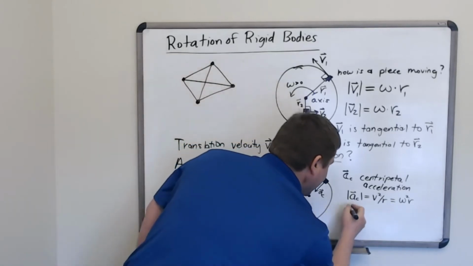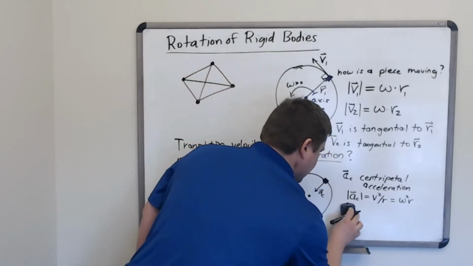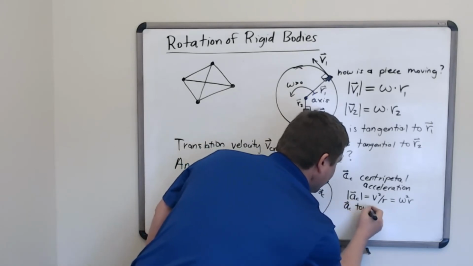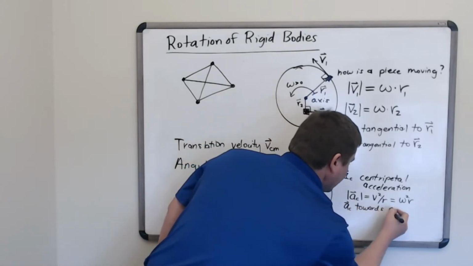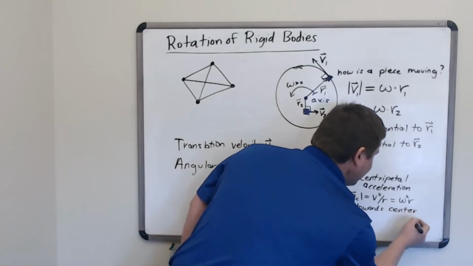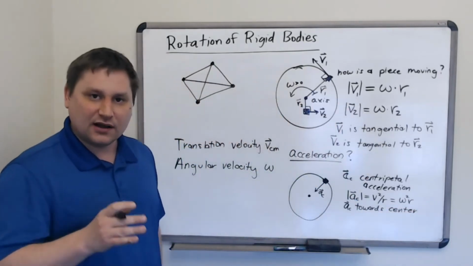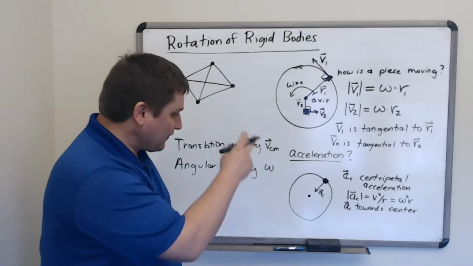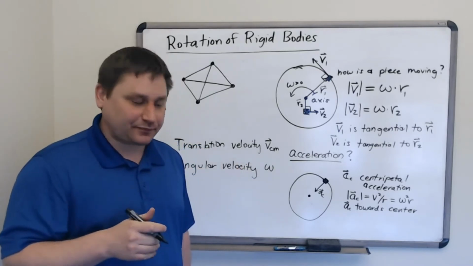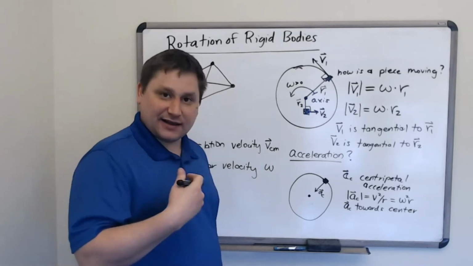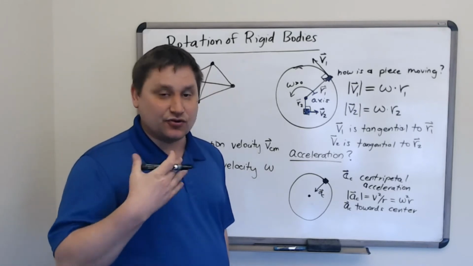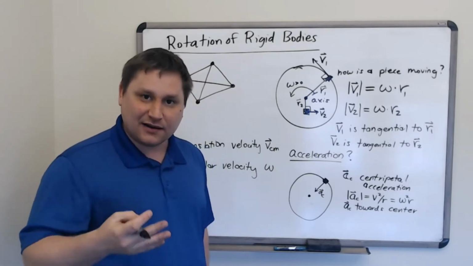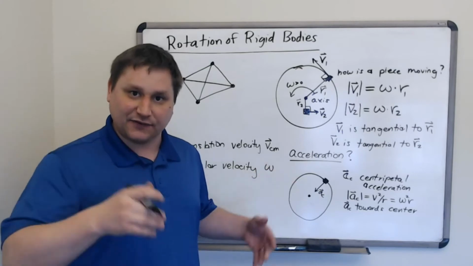And the direction of AC, not its magnitude, its direction, was towards the center. So that's one type of acceleration, one component of acceleration that all objects, all pieces of the rotating object must have. In fact, it can occur that if an object rotates too greatly, the material stresses cannot provide this acceleration, and it might actually fly apart.